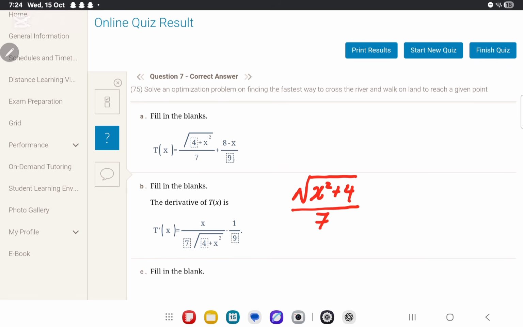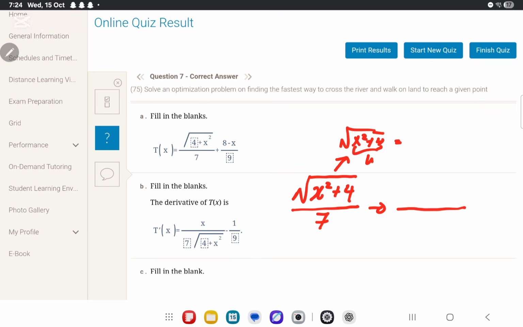Let's take this part first and derive it. To derive this, we're going to use the quotient rule. This can be taken as, in and of itself, the chain rule. You can see it's very long to derive. So radical x squared plus 4, let's say this is u.